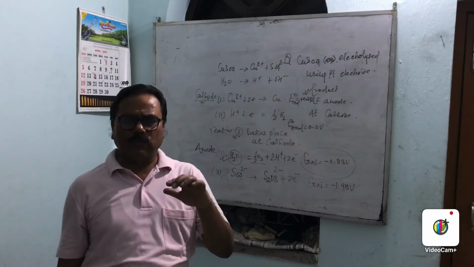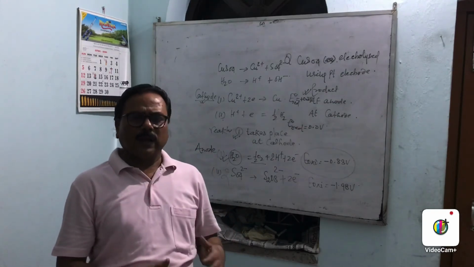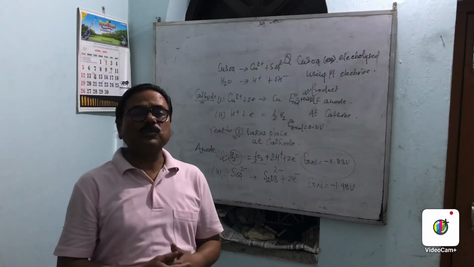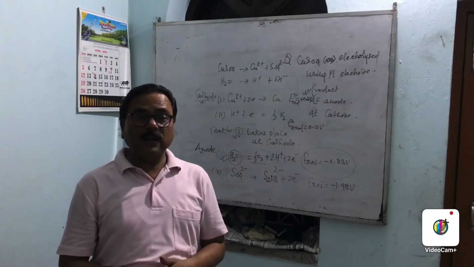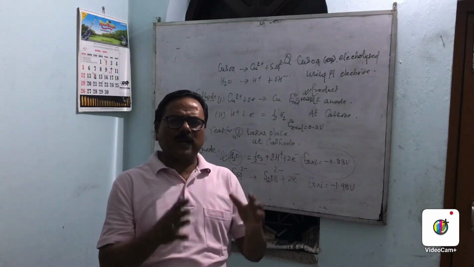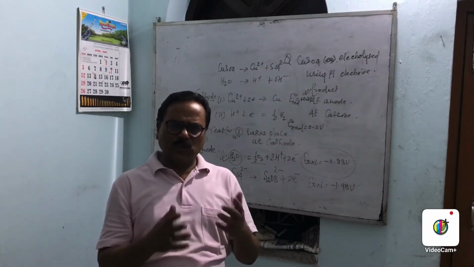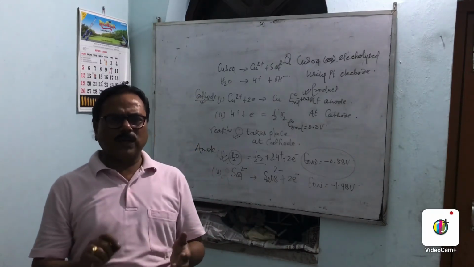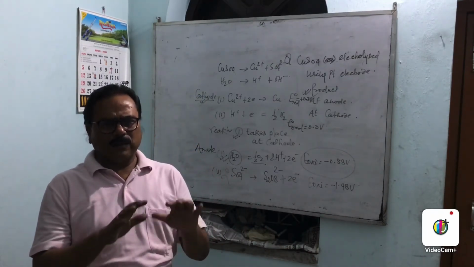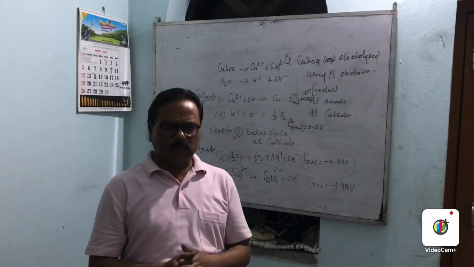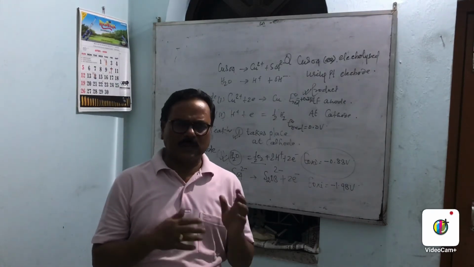Advantages: it is pollution free, it is easy to carry, its efficiency is 60 to 70%, and it is a continuous source of energy. So these are the batteries. You can read yourself, and the equations are given in the book. You can write only the half cell, cathode reaction, anode reaction and net reaction. This is very simple, no need to do work on that.